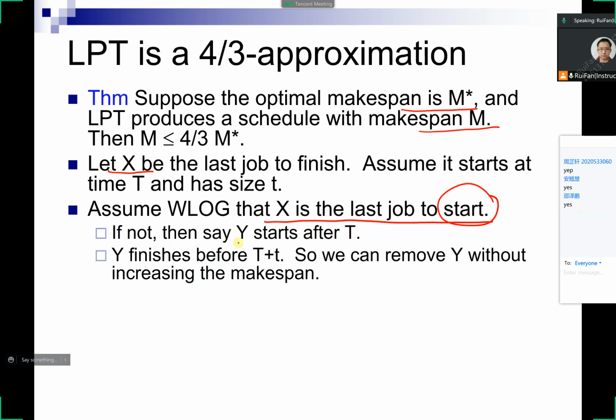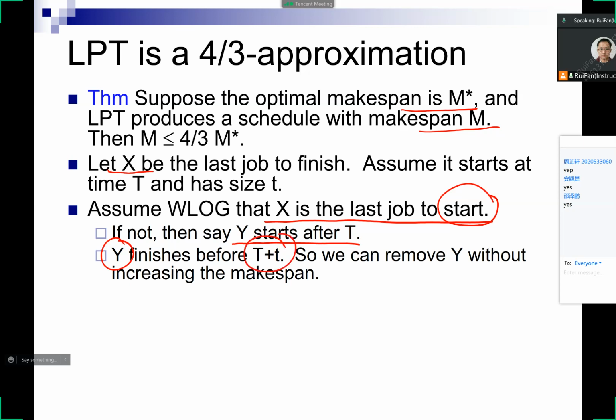The reason is that, suppose there actually is some other job which starts after X. Let's say Y starts after this time big T. But we know that Y is not the last job to finish, because by definition, X finishes last. So therefore, Y finishes before time big T plus little t.